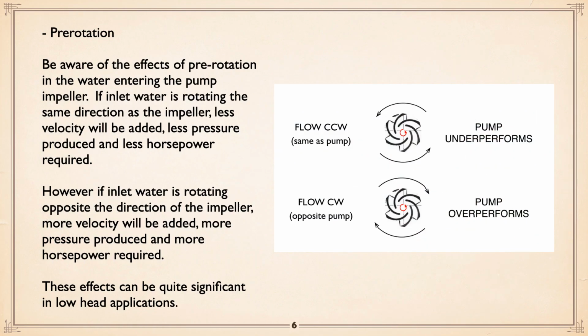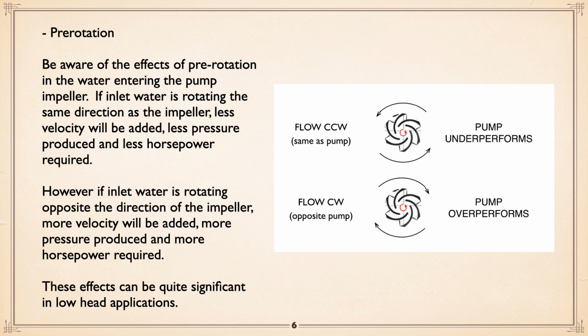Now, one of the things we talk about is rotation. Pumps are designed and tested with water that is basically not rotating, like a pipe where the flow is nice and even, or coming out of a wet well or whatever.